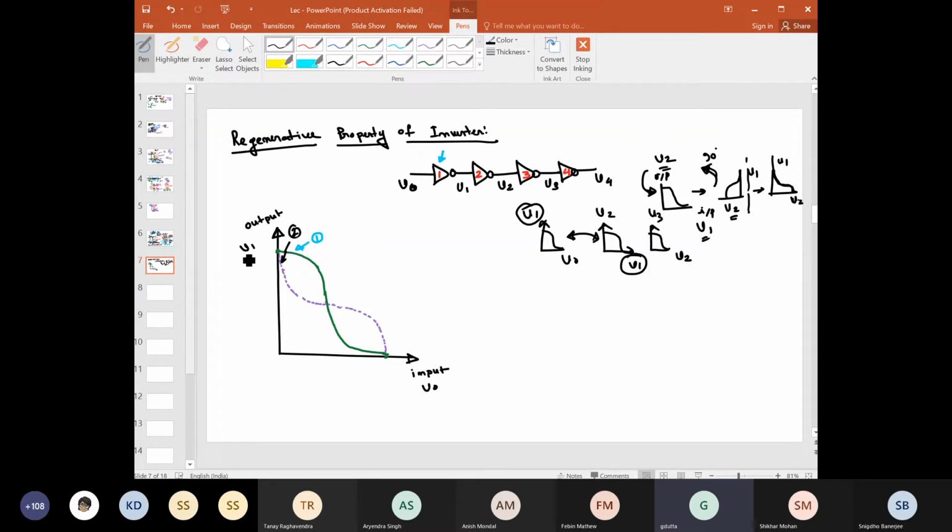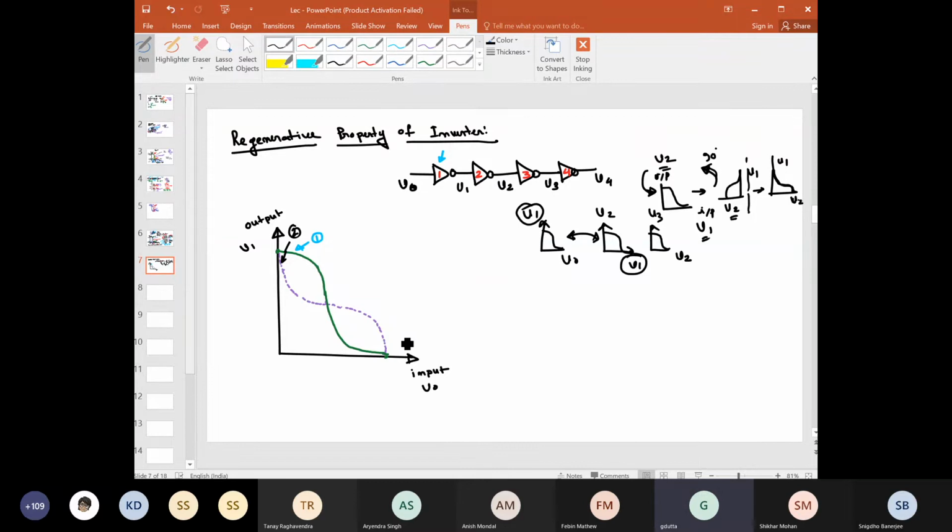On this, if you plot the VTC of 1 and 2 together, then it will be the same thing. Then what will be 3? 3 will be the same as this one, right? What will be 4? 4 will be the same as this 2, right?